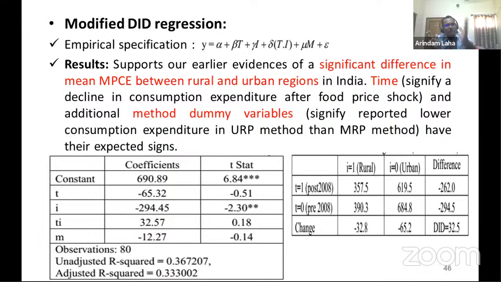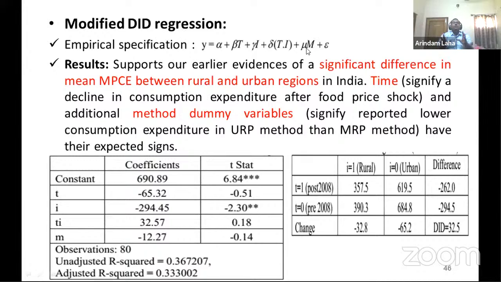We had 40 observations for the uniform reference period and 40 for the mixed reference period. We have just combined them. Now we have 80 observations. The result is to some extent more robust than our earlier result.